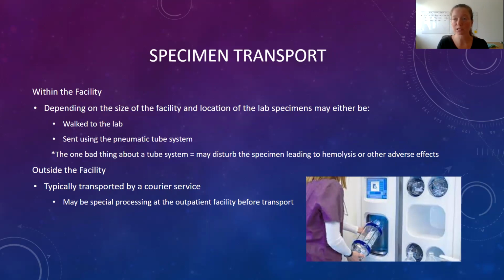This courier, of course, has to be aware of temperature, timing, handling, and our job as phlebotomists is that we have to make sure that our specimens are packaged appropriately, obviously labeled appropriately too, but packaged appropriately to prevent leaks and spills and breakages. Some packaging may require ice or dry ice or a cold pack to go with it. So these are all important and critical steps and roles that we as phlebotomists have to play in this as well.